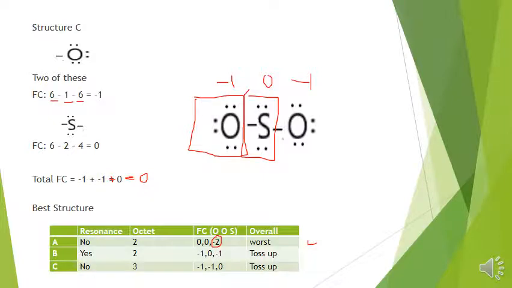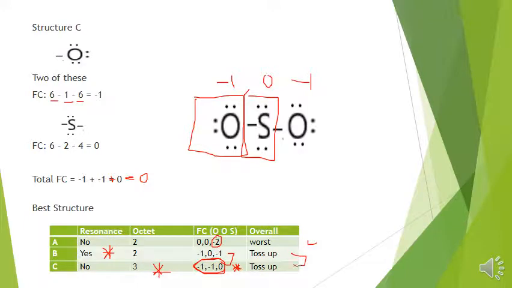Okay, now if we look at these two here and compare the formal charges, this one is going to be better because it puts negative charges on the oxygen. So formal charge is going to favor this one right here. Now octet is going to also favor this structure here, but resonance is going to favor B. So this is kind of a toss-up between these two.